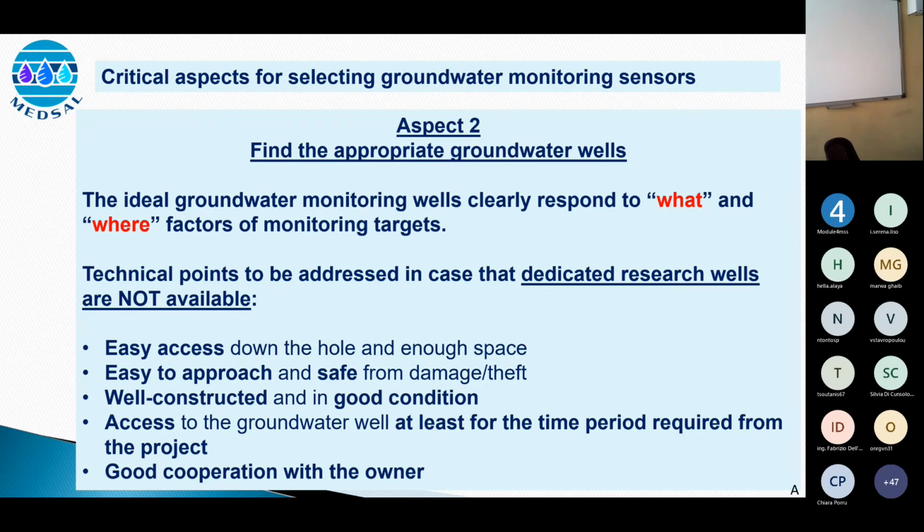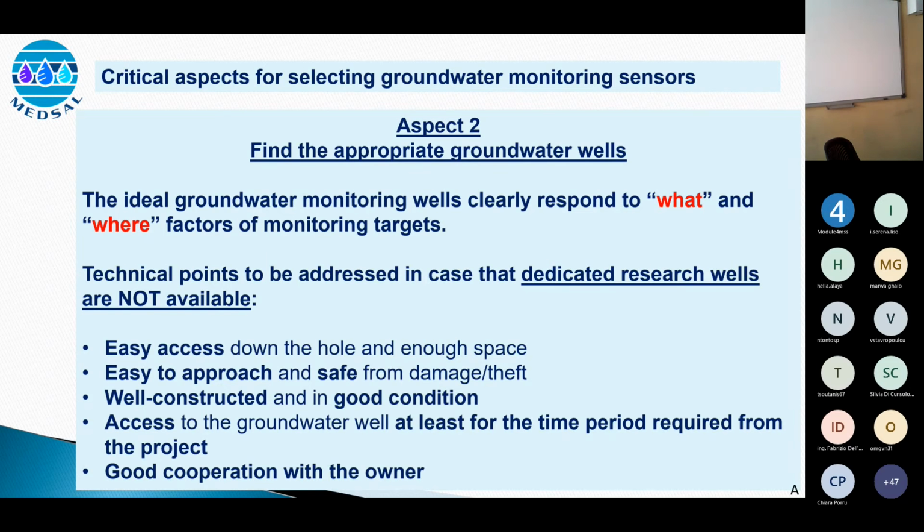Access to the groundwater well, at least for the time period required from the project. You start a monitoring project, and you need to make sure that at least during the period this monitoring network will operate, you have frequent access to the wells so that you can service the sensors, download the data, or do whatever works that need to be done, maintenance, calibration, and so forth.